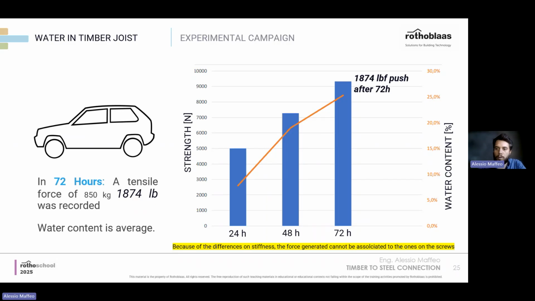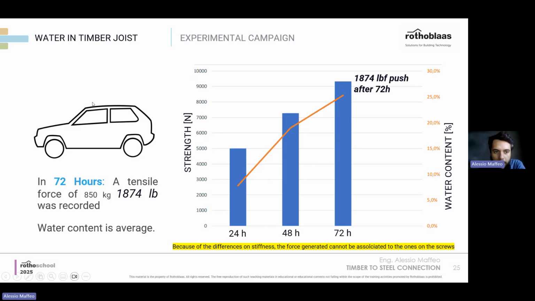After one day, we had this amount of push, so we are more or less at 50% of the final one. And then finally, after 3 days, almost the weight of a small car. It's surprising, right?